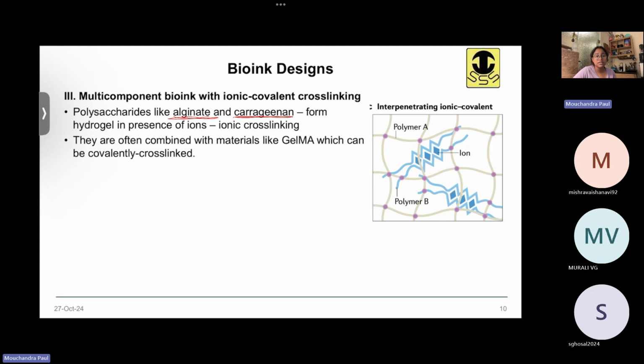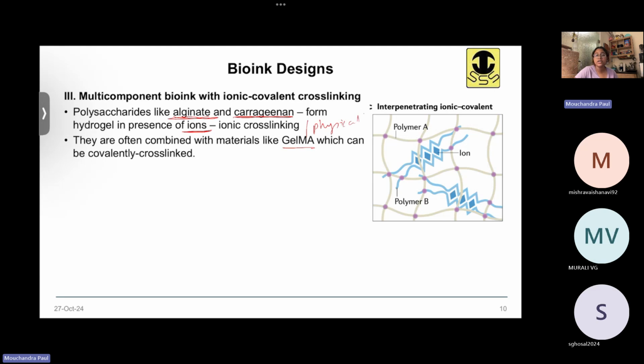So you can mix these materials with GelMA or PEGDA, and then you can take advantage of two types of cross-linking mechanisms. Alginate or carrageenan will get cross-linked in the presence of ions, usually divalent ions like calcium or barium ions. This shows a mechanism called ionic cross-linking, but this is physical in nature.